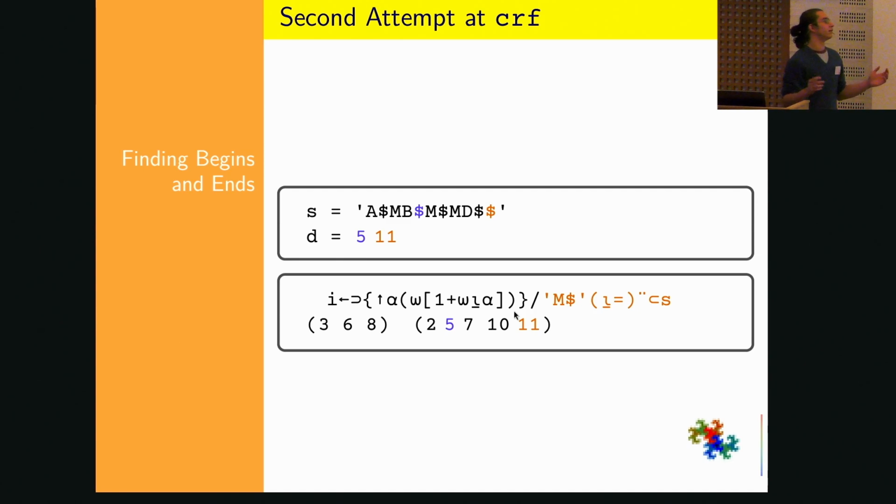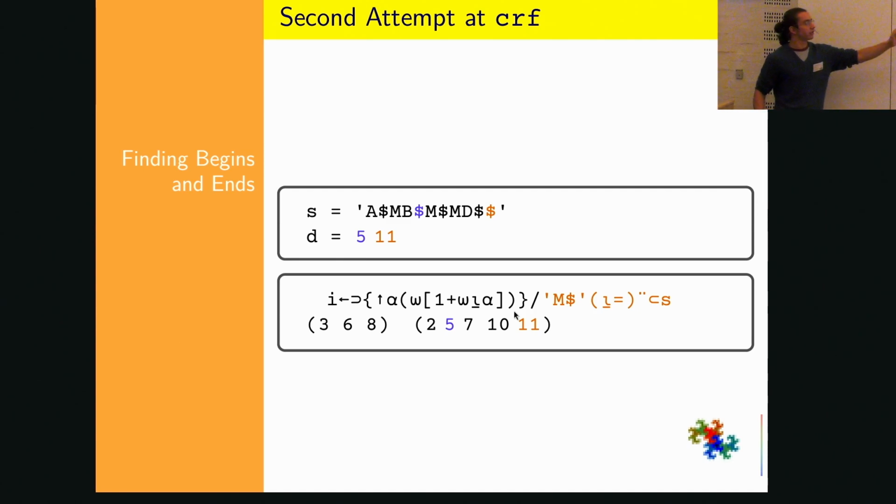What we get out of this is these positions 3, 6, and 8 correspond to all of the M's, and the other positions 2, 5, 7, 10, and 11 correspond to the positions of the $ signs. And you can see that we also have the spurious $ signs inserted as well.